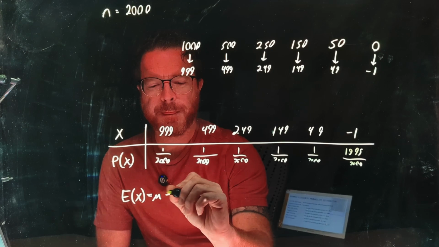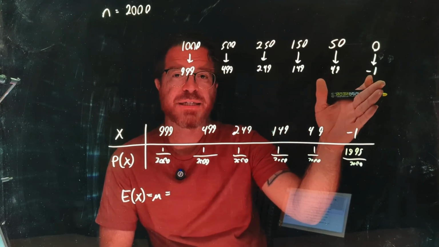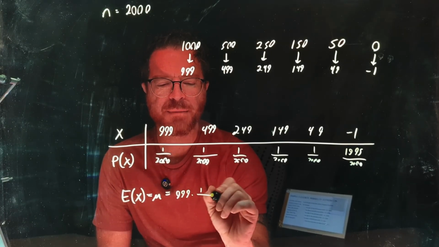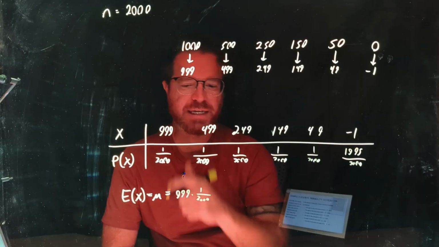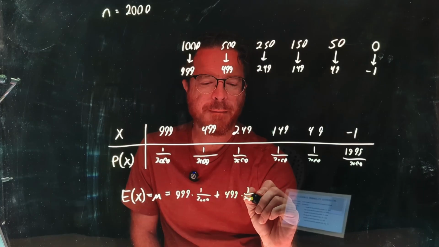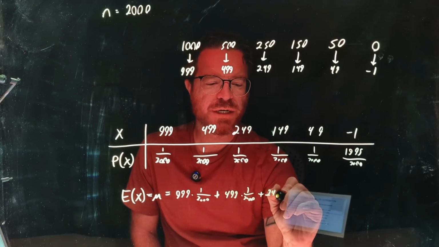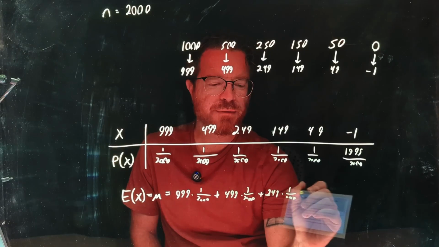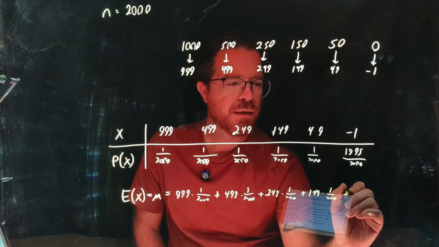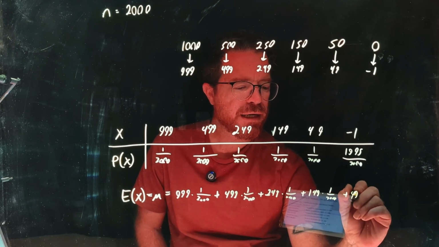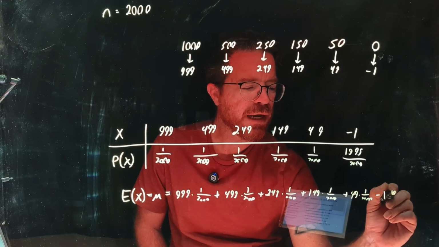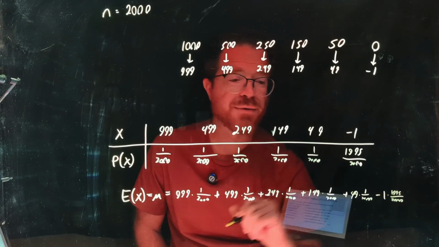And this is going to be the fact that if spending $1 to get a ticket, I get $1,000, that means I've won $999 times my probability of getting that $1,000 winning ticket, 1 over 2,000, plus 499 times 1 over 2,000, plus 249 times 1 over 2,000, plus 149 times 1 over 2,000, plus 49 times 1 over 2,000, minus 1 times 1995 over 2,000.